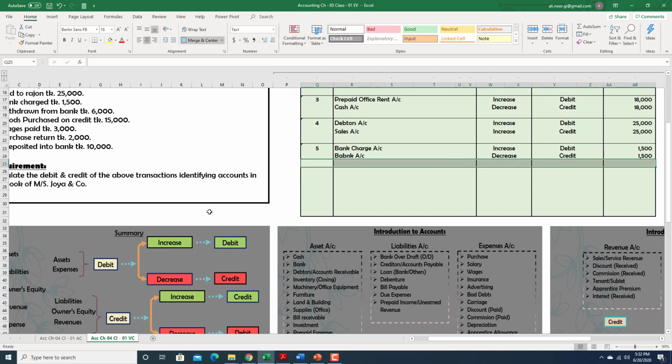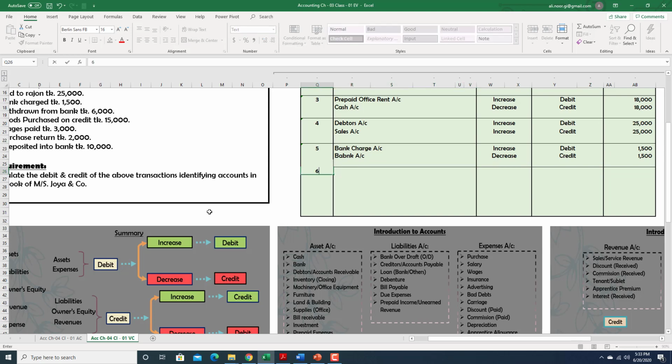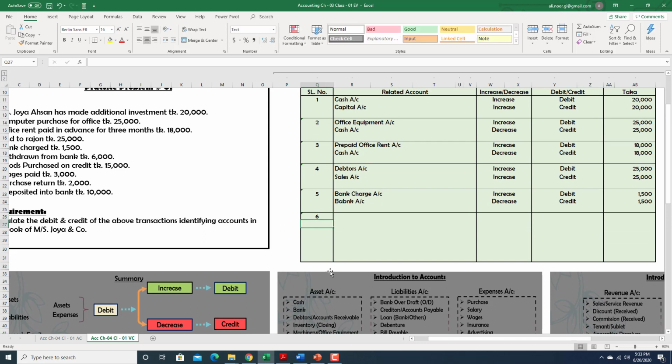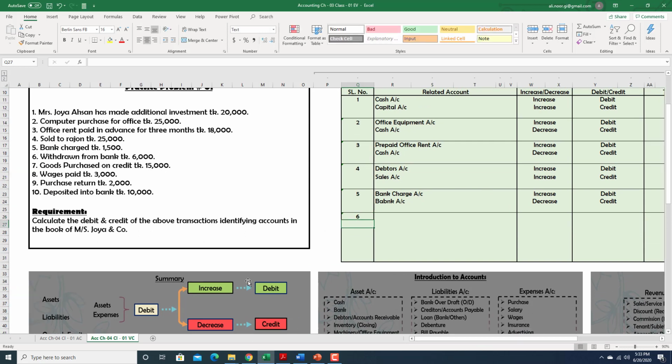Okay, done. Okay, 6. Number 6, we have to write here withdrawn from bank taka 6000. When we withdraw from bank, we actually extract cash from the bank account.